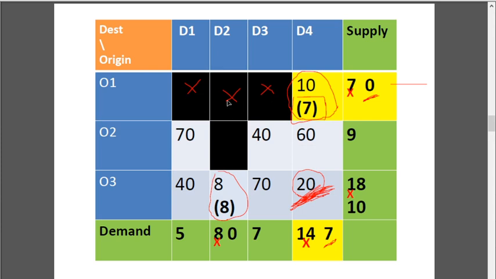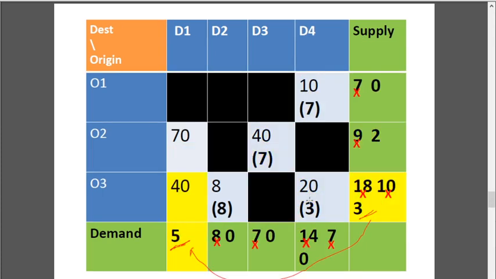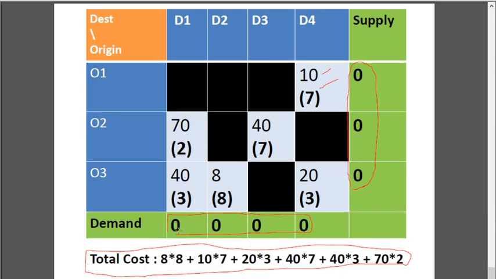I will delete the cell or column cells as required. From the remaining cells, again select the least one and continue this till all the cells have been processed. At the end, all the demand should be equal to 0, and calculate the total cost.